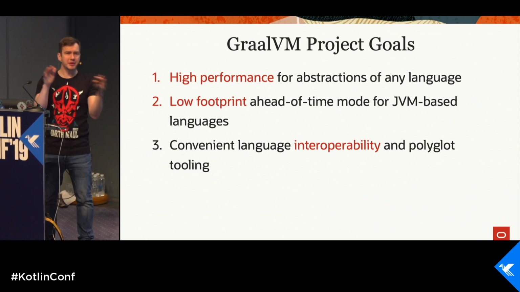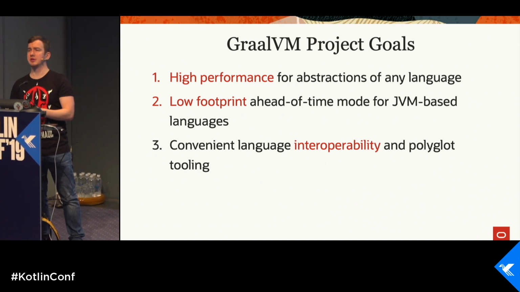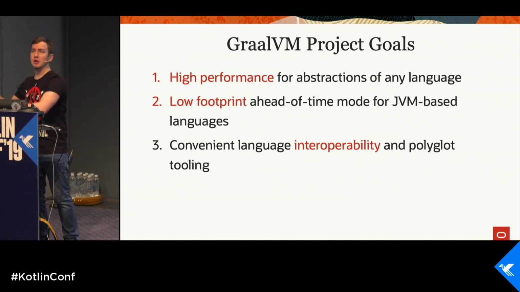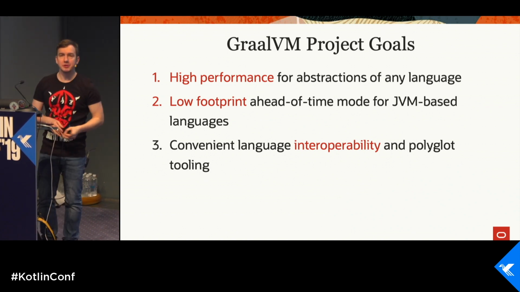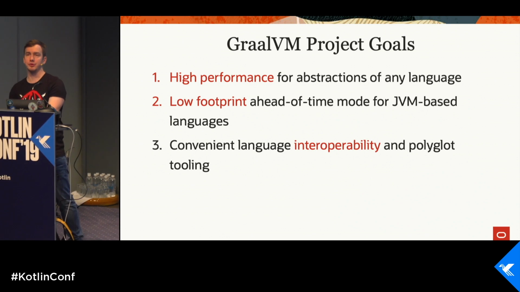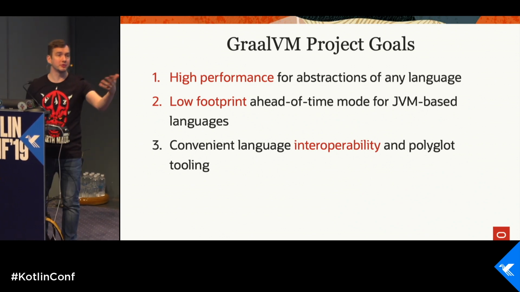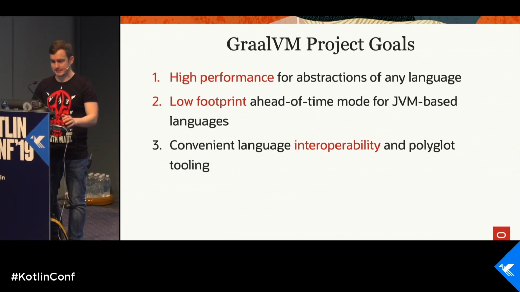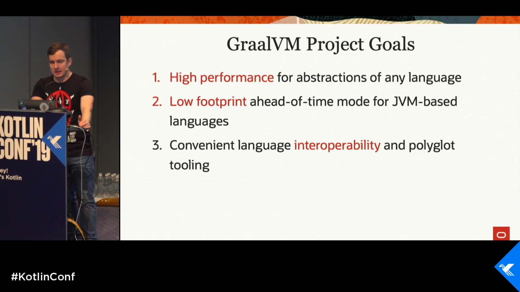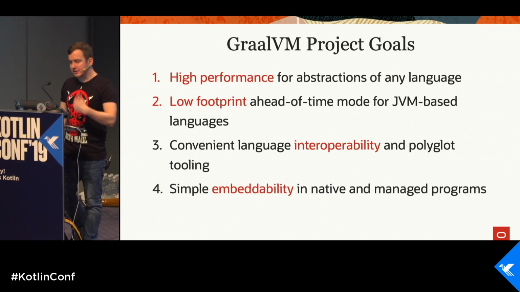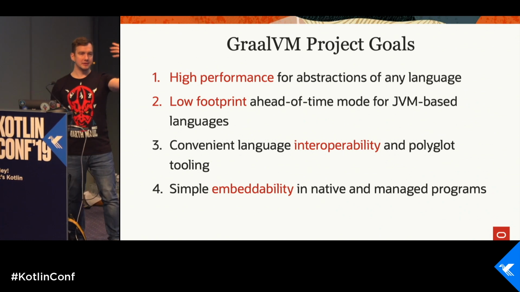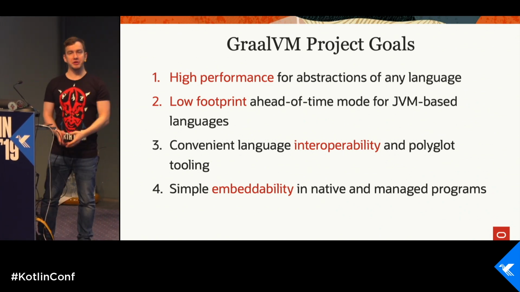So there is no memory copying or object copying between those. You just use the Python script that your data scientist has written for you as if it were a part of your normal library. And the tooling that works for all languages. And also the embeddability in native and JVM applications.